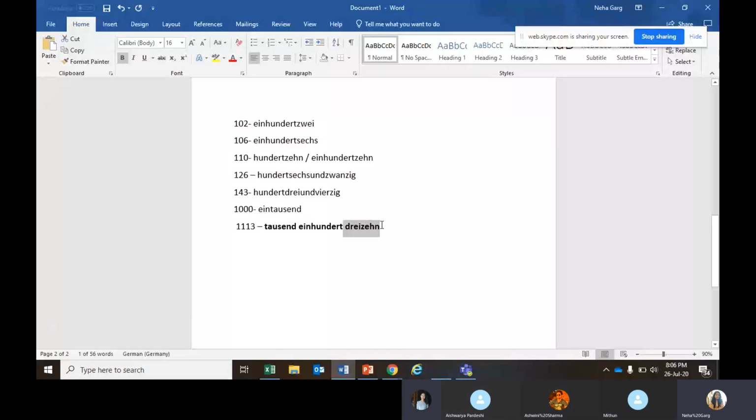First we have written thousand, then hundred, then 13. Had it been 1213, that would have been thousand, zweihundert, dreizehn, right? No space in between, so I'm just removing it.